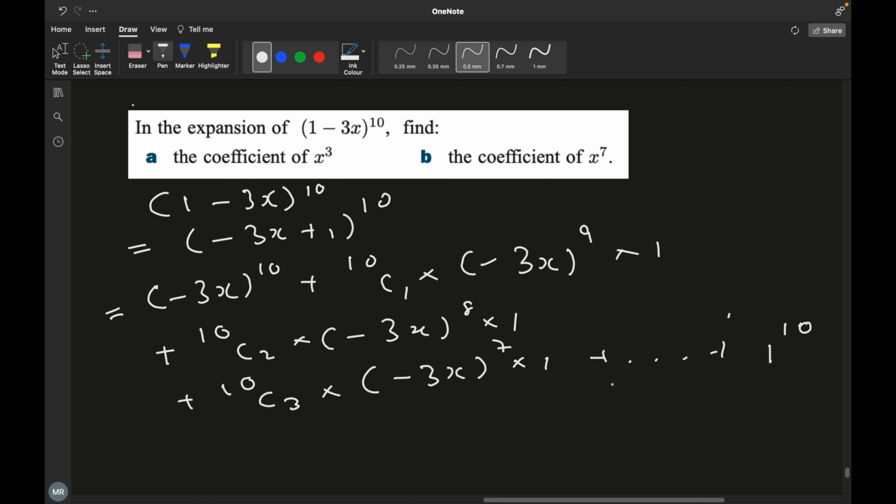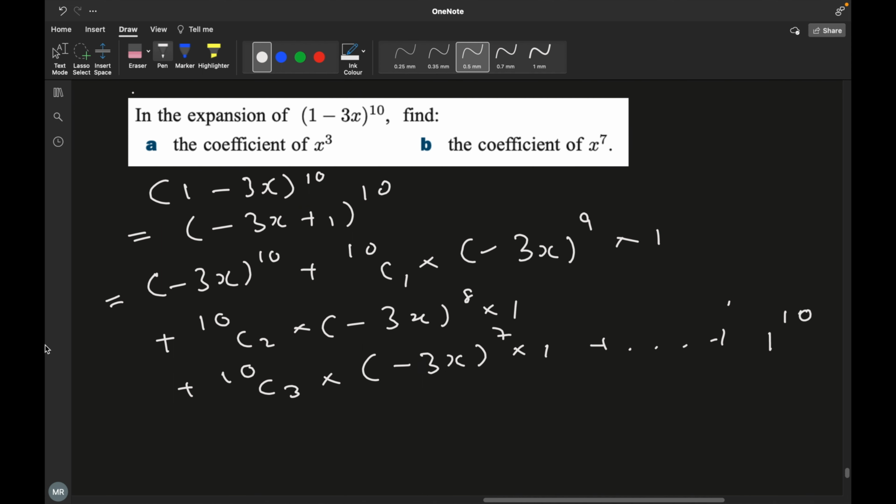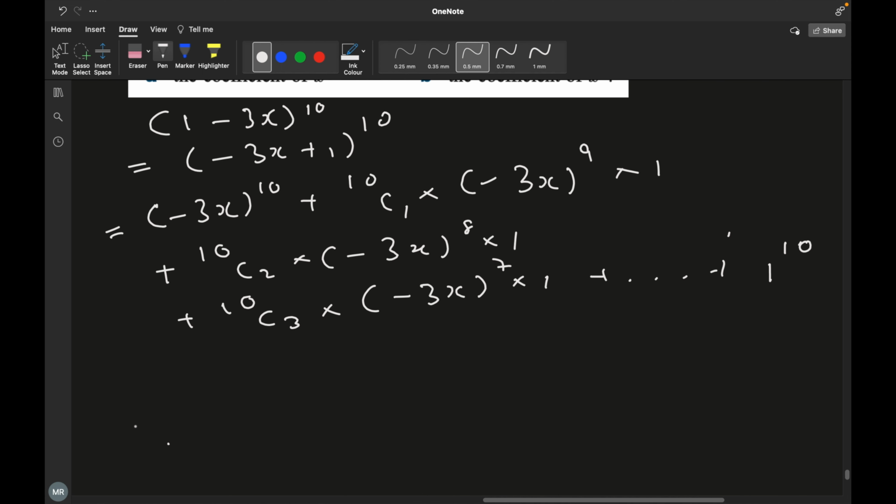The reason I did this is that if I want to find the coefficient of x to the power of 7 and I wrote it the other way, I would have to go through 8 terms in order to find the x to the power of 7 term. But by doing this method, I found it in 4 tries, and therefore I use this.